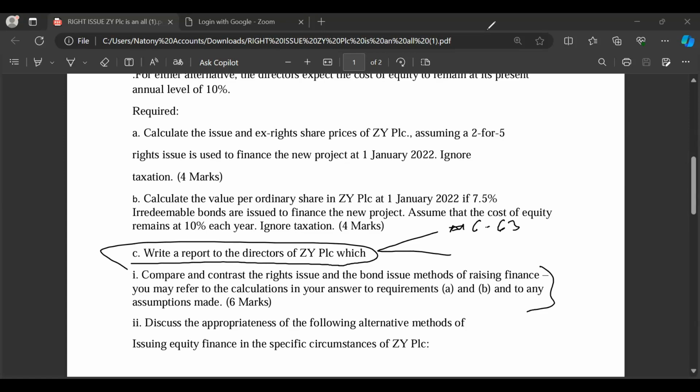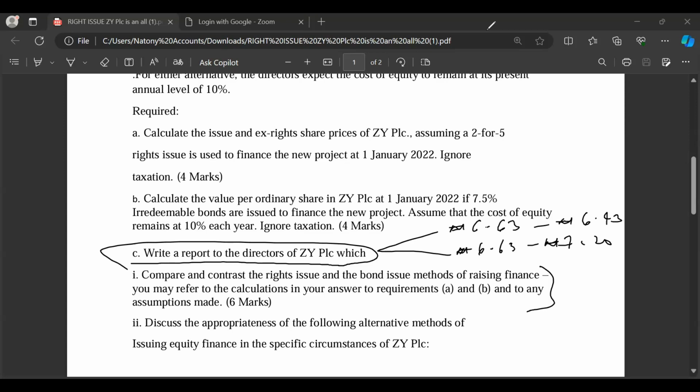But if it is financed by a right issue, this price will drop to 6 naira 43 kobo. But if debt financing is used, the share price is currently 6.63, so this will be 7 naira 20 kobo. So on this basis, the debt financing is producing a better result. We are looking at the share price.